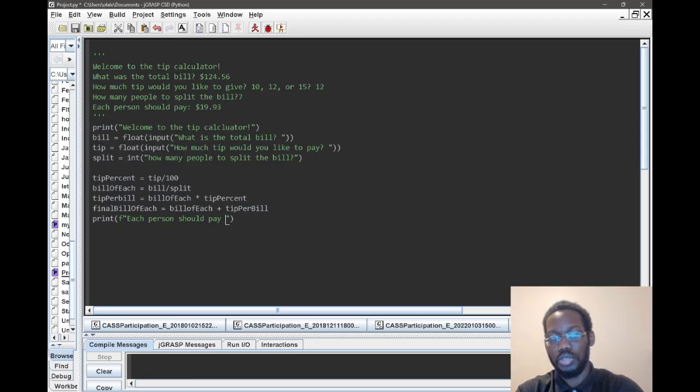It has to be a string to a string. So with the F string, we can concatenate multiple data types together in a single print function. And that would be the final bill of each.